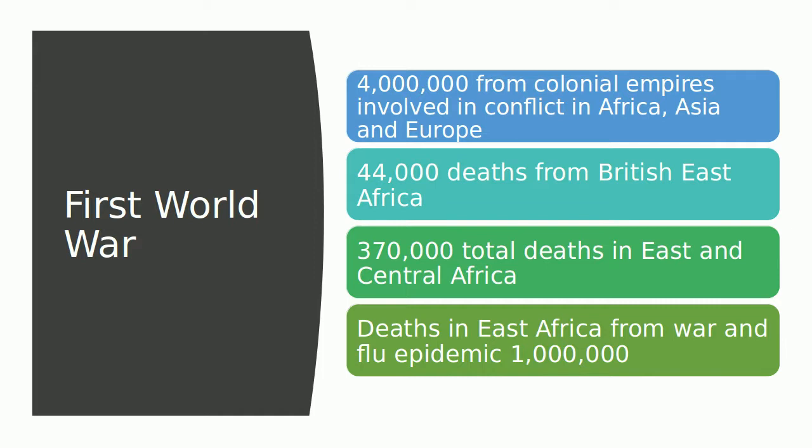Some indications of deaths, well, I just had there the British colonies in East Africa, about 40,000. Total deaths in East and Central Africa, about 370,000. And then total deaths in East Africa from the war and the consequences of the war, which included a global flu pandemic, something like 1 million people.